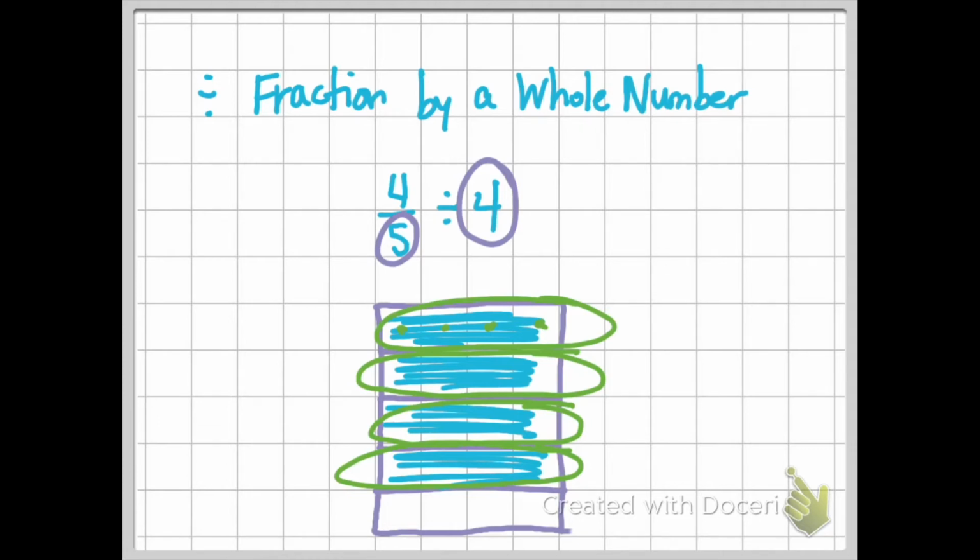Okay. And there's 4 groups of 4 out of the entire area, which is 20. So my answer should be 4/20. 4 groups, and then I had the area of 20, okay, which was my denominator.